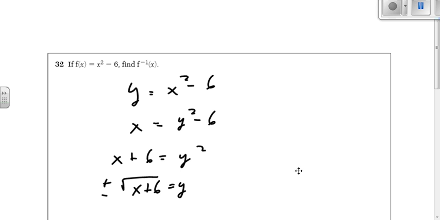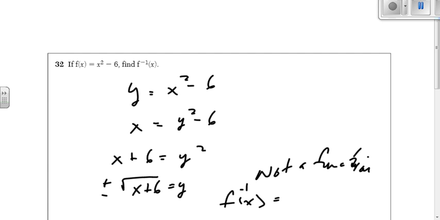It's y. So this is not a function. So the inverse is equal to plus or minus the square root of x plus 6. Not a great question.